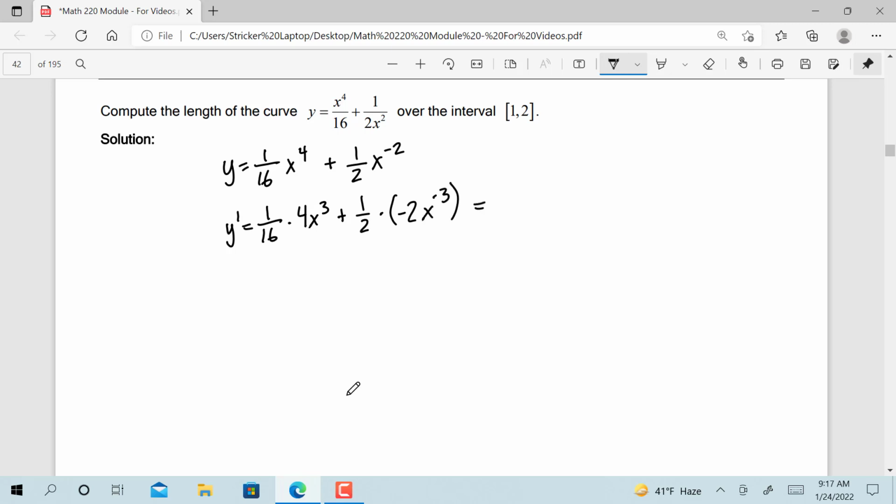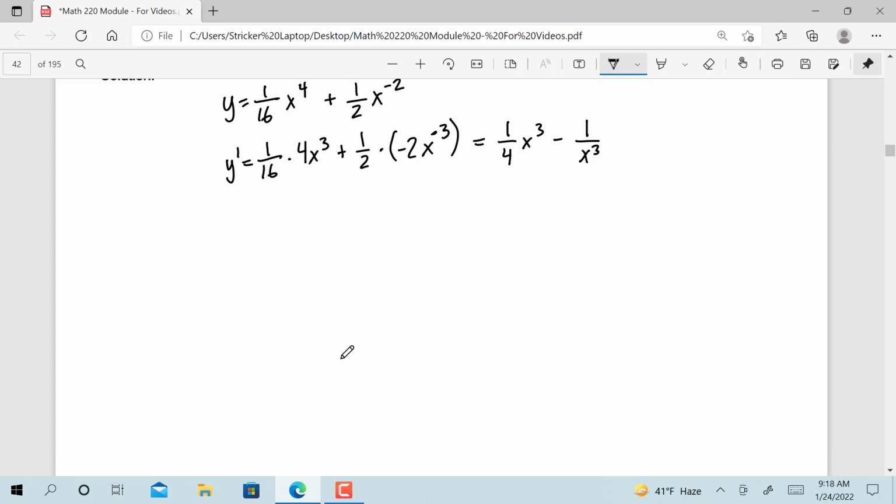And just clean that up a little bit, that looks like 1/4 x to the 3rd minus x to the minus 3. That's going to go to the bottom, so the 1/2 cancels with the negative 2. Those multiply together, and we get 1 over x to the 3rd.